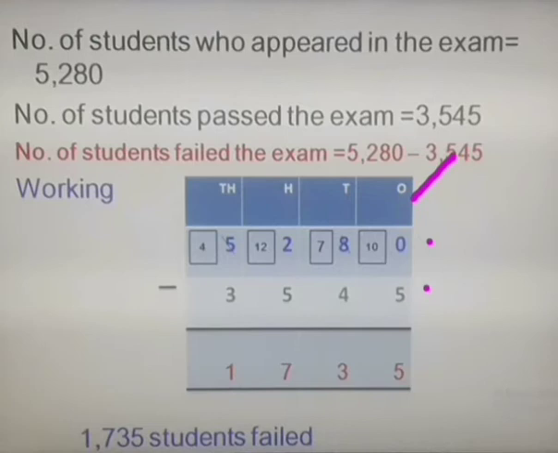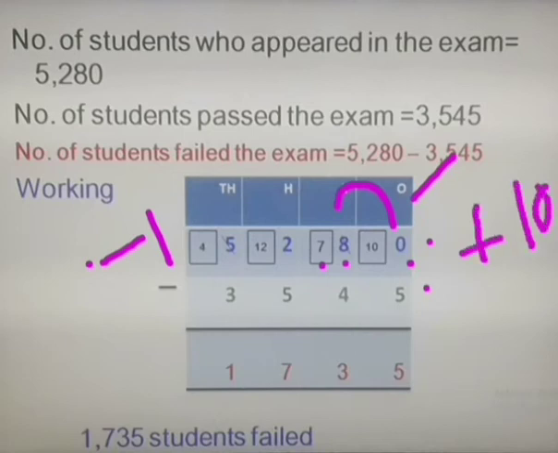No. Then what 0 will do? So, it will take 10 from tens column, children. So, this 8 will reduce by 1. So, it will become 7. And this 0 will increase by 10. So, it will become 10.